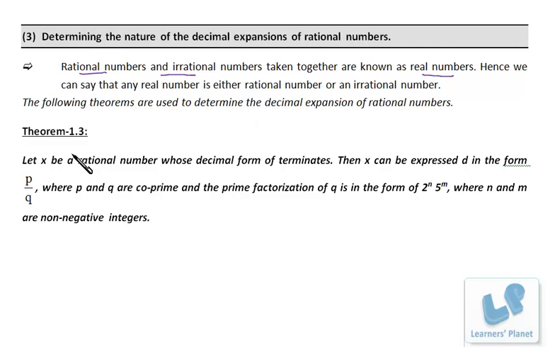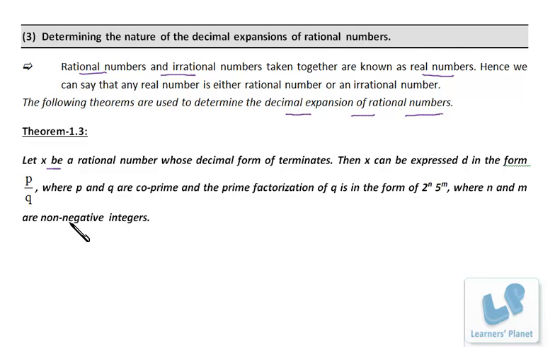Now the first theorem used to determine the decimal expansion of rational numbers: suppose we have a rational number x whose decimal form terminates. Then x can be expressed in the form p by q, where p and q are co-prime, and the prime factorization of q is in the form of 2 raised to n into 5 raised to m, where n and m are non-negative integers.